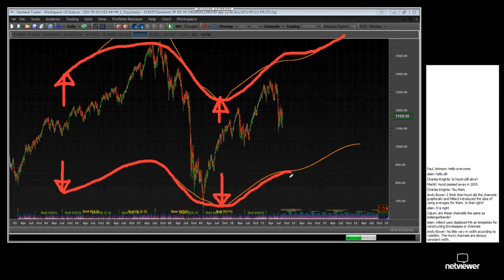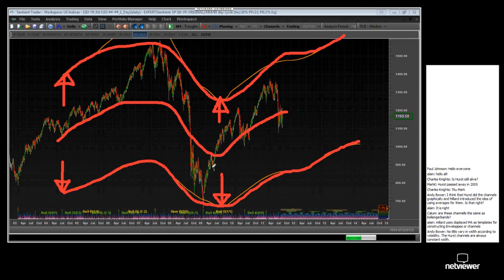And then he said, what you need to do is draw a channel which includes all the price action, and there are two of them, and they remain an equal distance apart. And that's basically how you construct it.